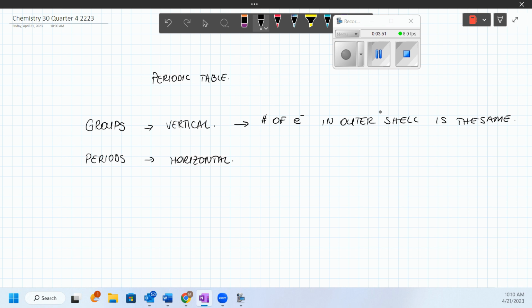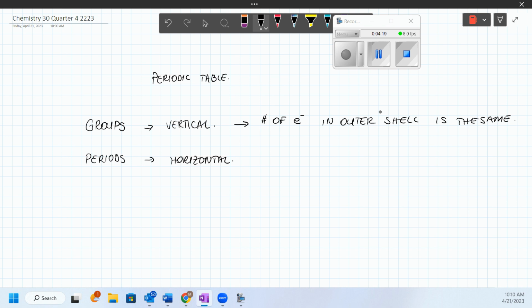In total, we have 18 groups. If you refer to your periodic table, 1A is the first group, and then 8A is the 18th group, which starts with helium and then continues with neon, argon, and krypton, which are known as the noble gases.